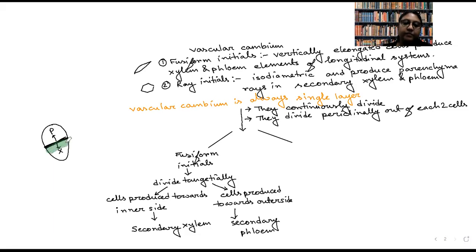The green area I am locating is just above the old xylem. I should not write old, xylem may feel bad. I should write primary xylem. And this is the secondary.